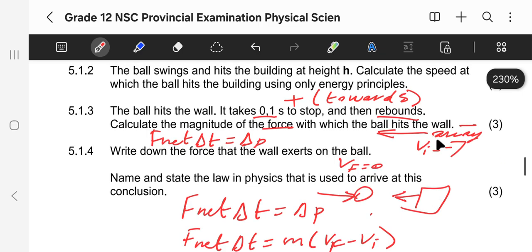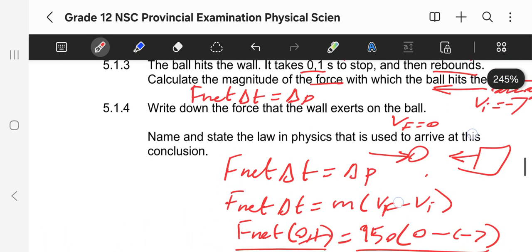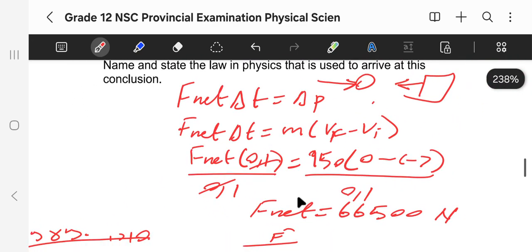That's why even here on the rebound we say that the ball moves away, because the wall will exert the same equal force but in the opposite direction, away from the wall, which is in the left direction. So the force that the wall will exert on the ball is this one, but it's going to exert it in the left direction. I hope you understand that, guys.